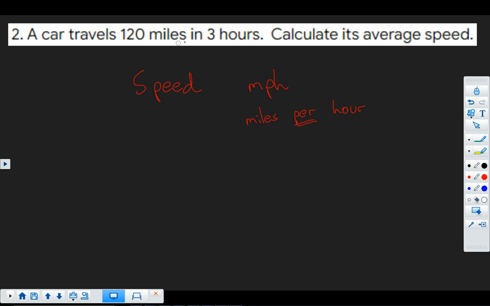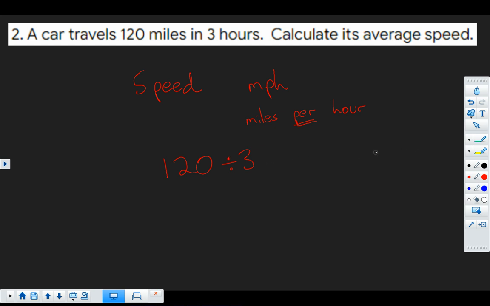Well, if we know how many we've done in 3 hours, then we find this by dividing our distance by time. Okay, miles divided by hours. So the units, as much as anything, tell us what maths we need to do.